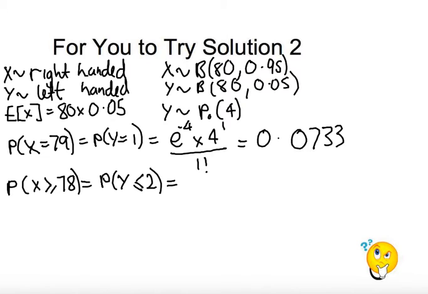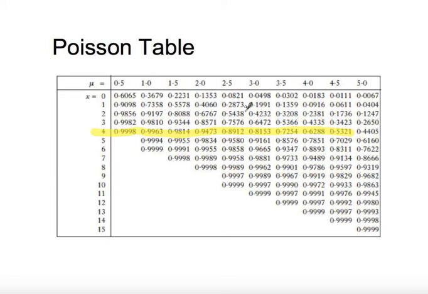Bear with me one second. So here's our table. I want the column for X less than or equal, mean of 4, and I want the probability that X is less than or equal to 2.